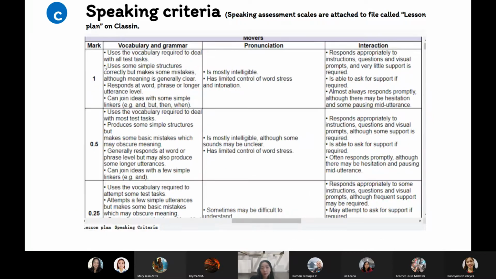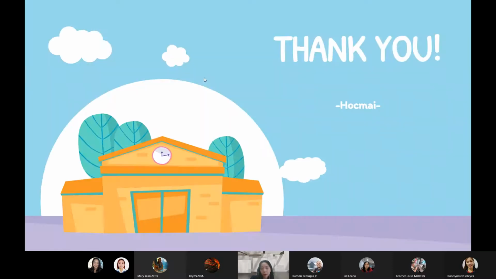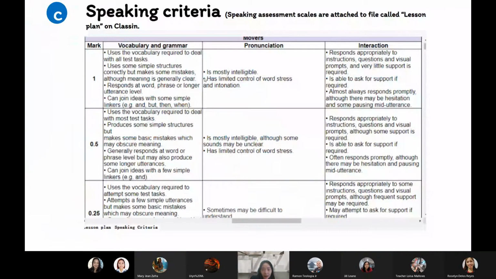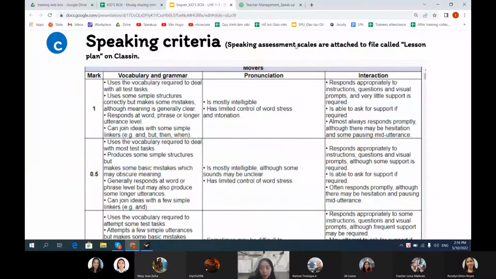Okay, and similarly, we have the speaking criteria for movers. And this is for flyers as well, but I think there's some mistake here. I will provide it later. Okay, so now we'll open it on Class In so it's easier to understand.